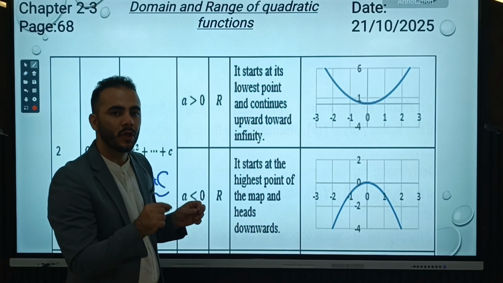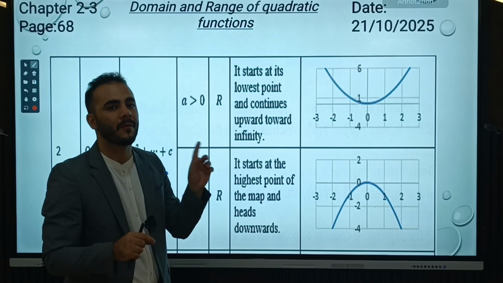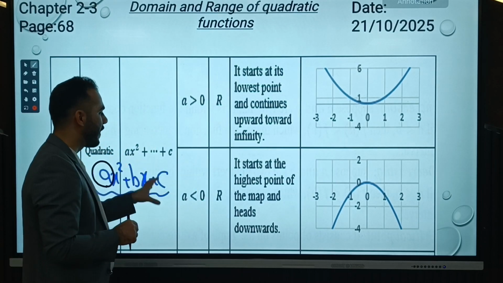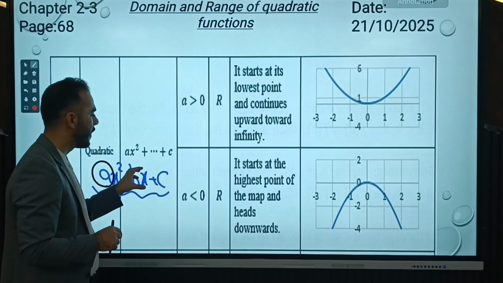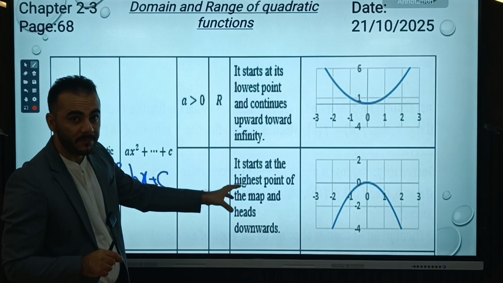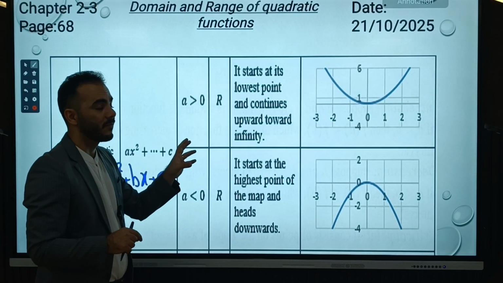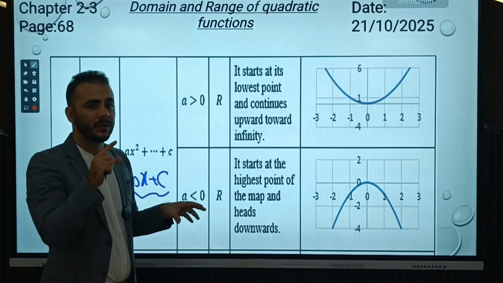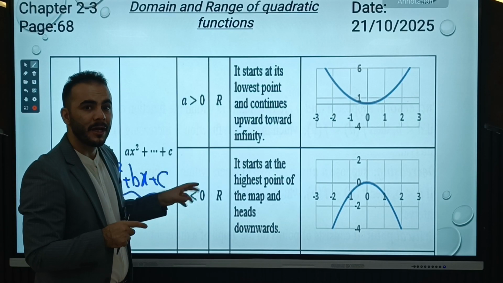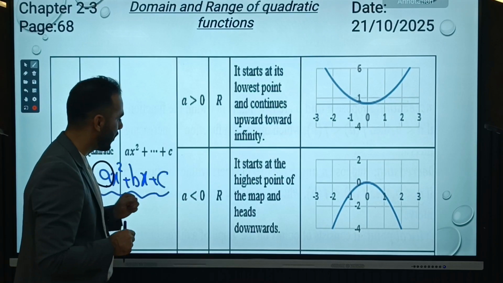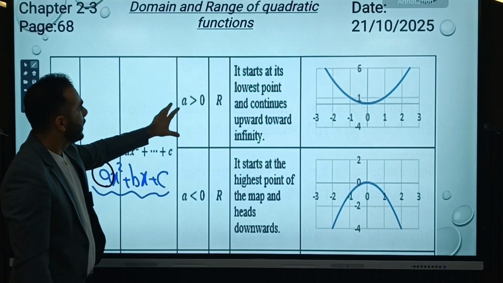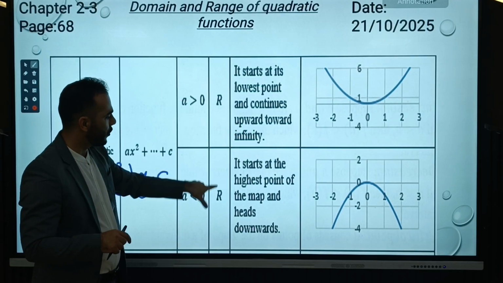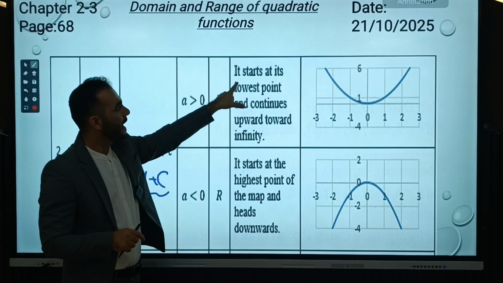But the range will depend on the graph, because it starts from the lowest y to the greatest y. So it changes based on the function. All right. So as I already said, the domain of a quadratic function is all the real numbers, but the range starts at its lowest point and continues upward toward infinity.